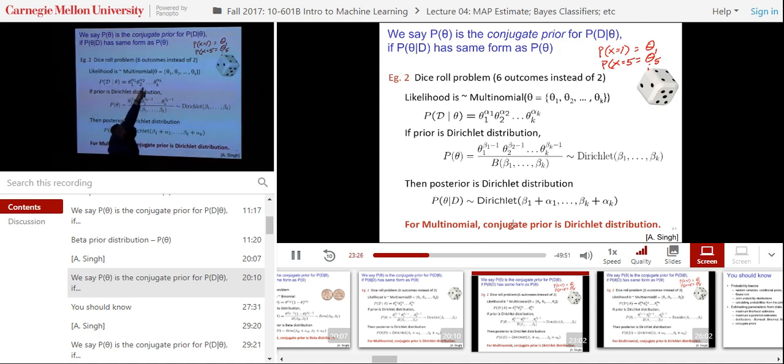You look at the form of the data likelihood and you say, I want a prior that looks just like that, so that when I multiply my prior times this, I'll end up with another distribution of the same form. And that's called the conjugate prior for this multinomial distribution.